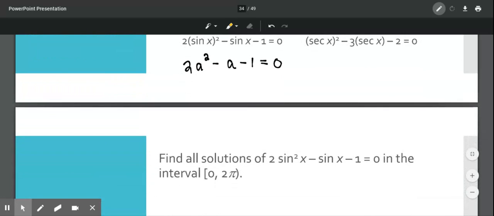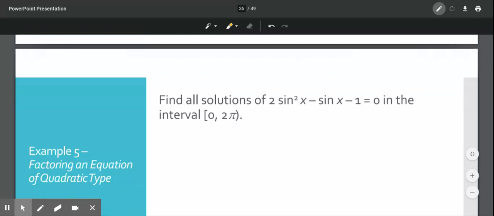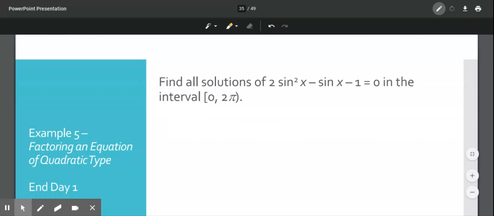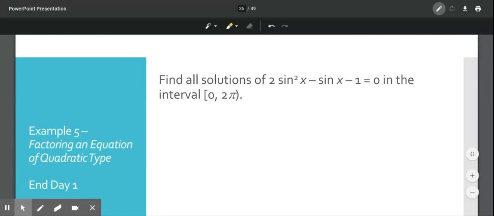All right, so here in this example, we need to find all solutions to 2 sine squared minus sine minus 1 equals 0. And here we're restricted on the interval for one rotation. So we're not going to add a plus 2 pi or plus 2 pi n to this. So if we wanted to do a quick little substitution to make this look a little bit more algebraic, we could say 2a squared minus a minus 1 equals 0.